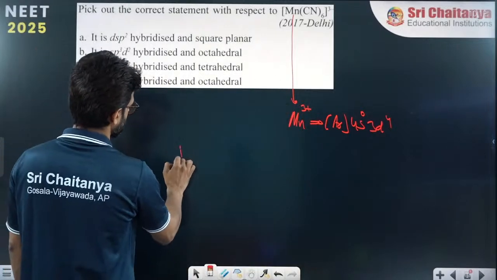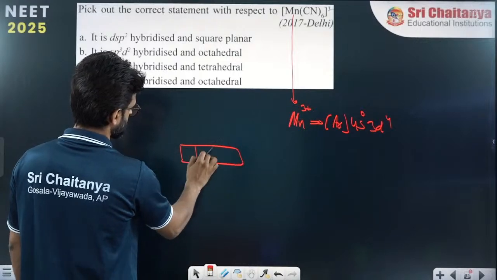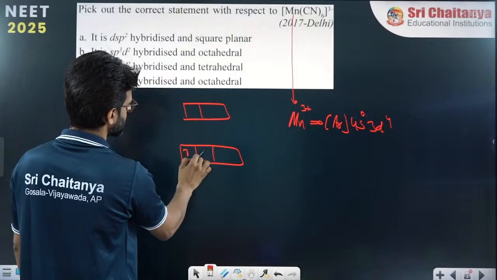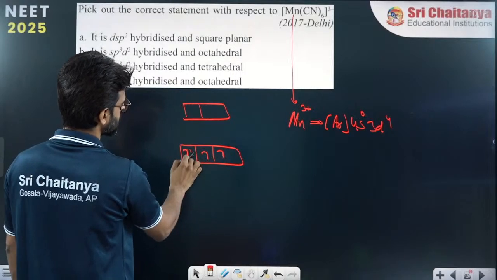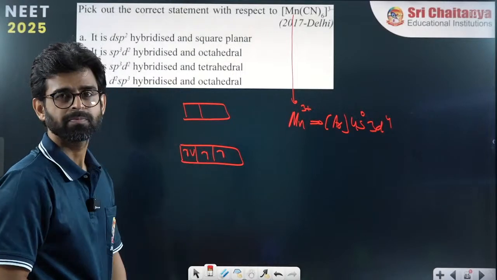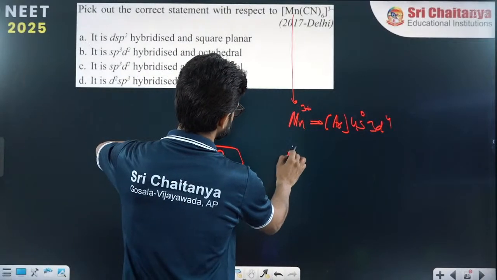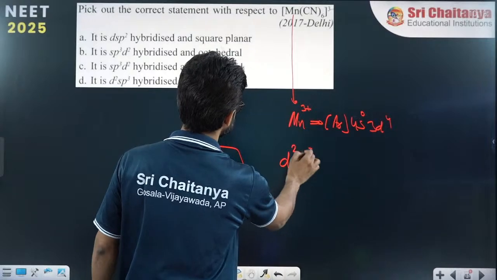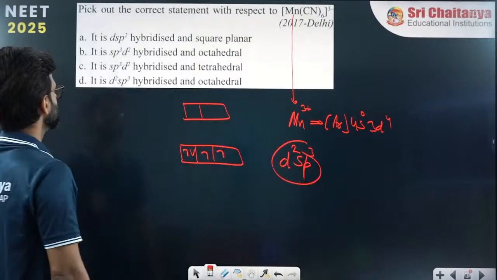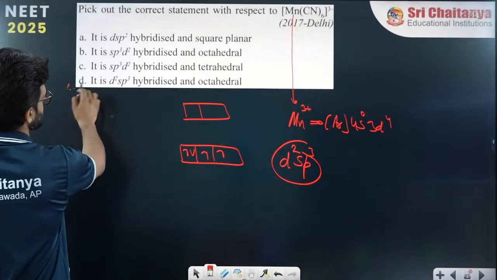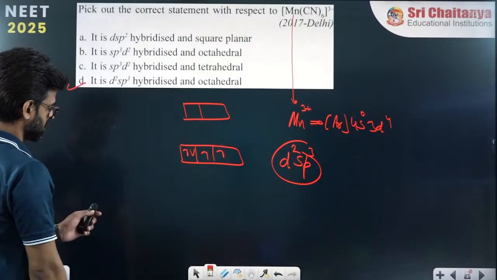So if we look again, the diagram will make d4: 1 here, 2 here, 3 here and 4 here, right? So the upper is available, so ligands will easily come and make it d2sp3 hybridized with 2 unpaired electrons, right? So it is d2sp3 hybridized and octahedral. Fine, easy to answer.